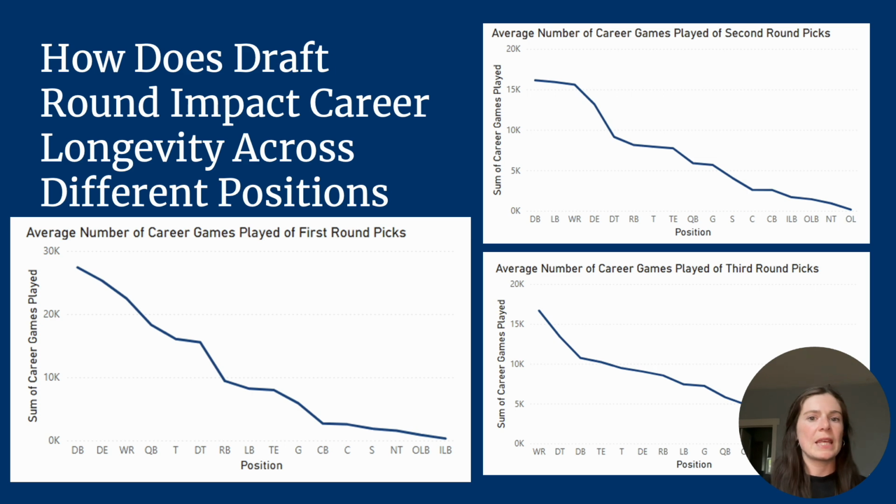You can see that defensive backs, defensive ends, and wide receivers consistently have higher career game totals when they are first round draft picks. As we move to the second and third rounds, the average number of games for a player drops, but the same positions like defensive back and wide receiver still show pretty strong longevity.